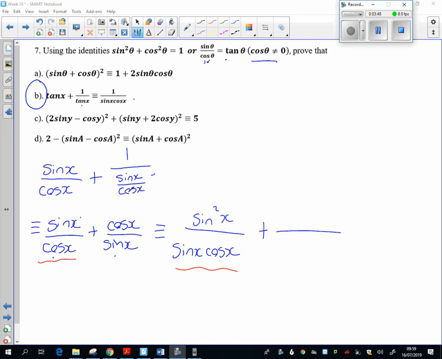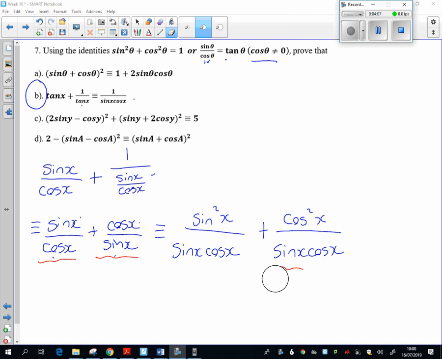And then the second fraction already has sine x in its denominator, so needs to be multiplied through by cos x. So cos x multiplied by another cos x is cos squared x. So now they have the same denominator, so I can just add them.